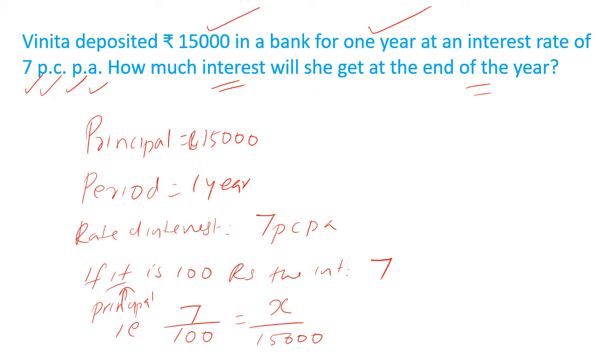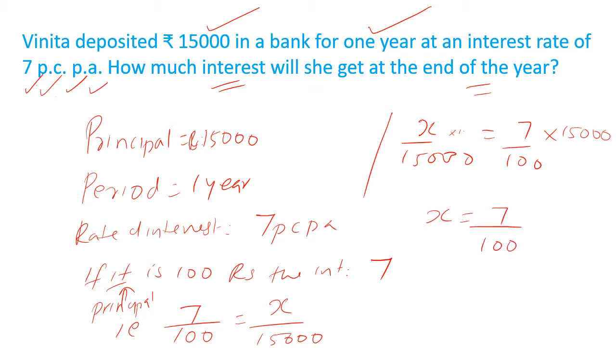For our convenience we will take X upon 15,000 is equal to 7 upon 100. We need X, the answer on the left is X, so we multiply by 15,000 on the left and on the right as well. What will happen? On the left side the 15,000 cancels and X is equal to 7 upon 100 into 15,000. If you solve this you will get the answer: 7 into 150 is 1050 rupees. Vinita will be getting 1050 as interest for 15,000.